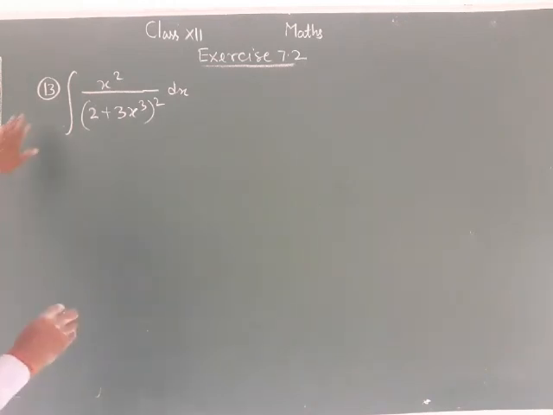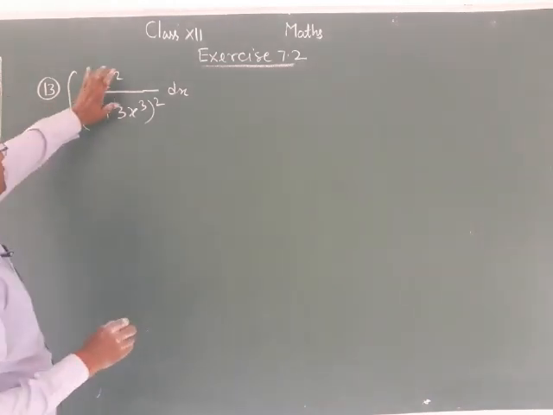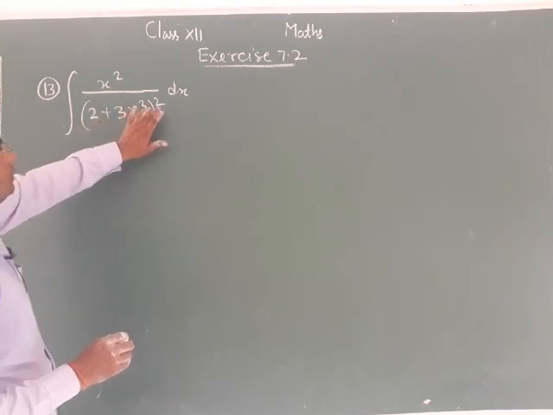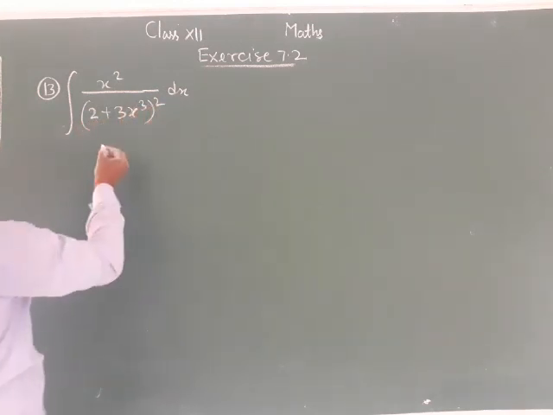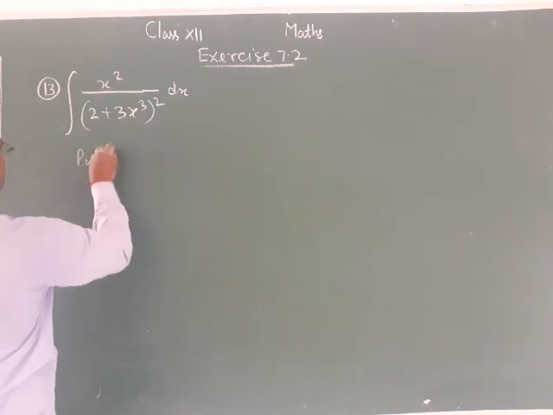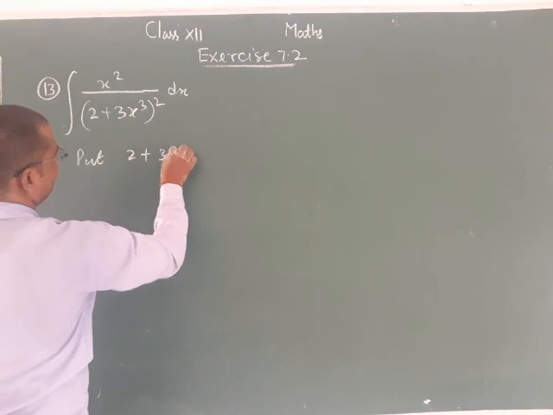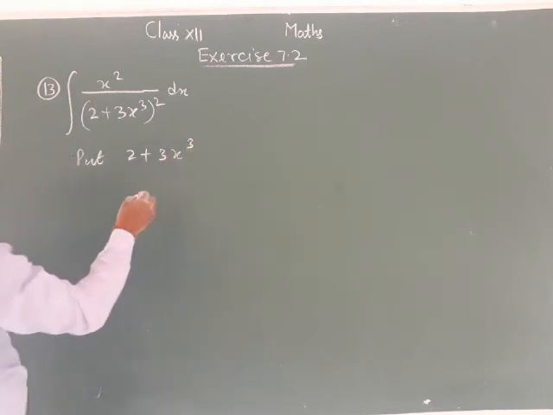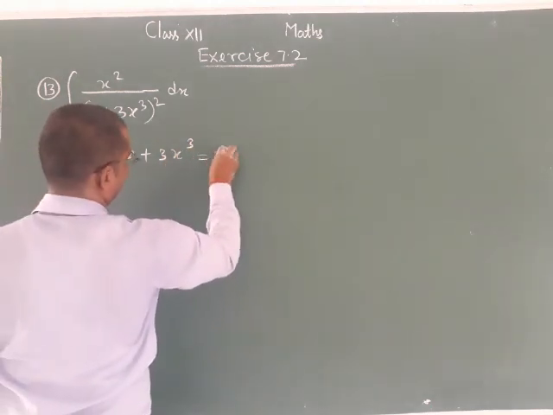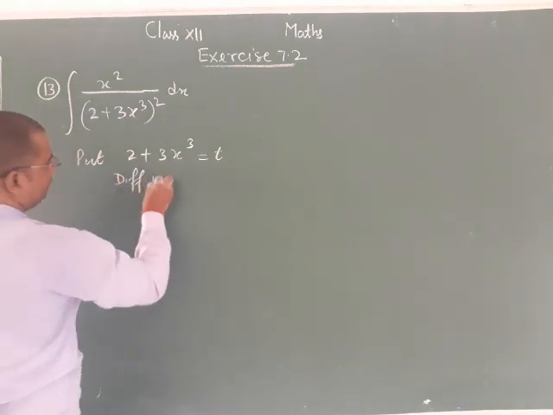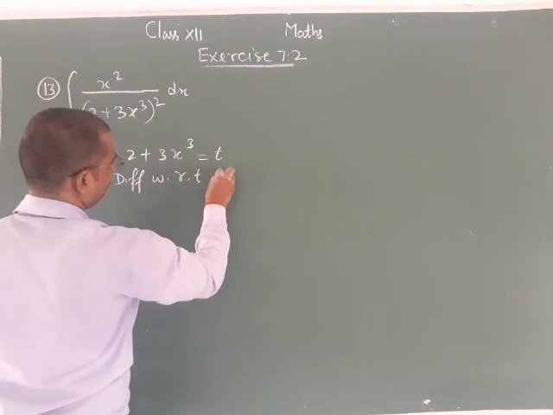Question number 13. Integral of x square upon (2 plus 3x^3) whole square dx. So now put 2 plus 3x^3 is equal to t. So now differentiate with respect to x.